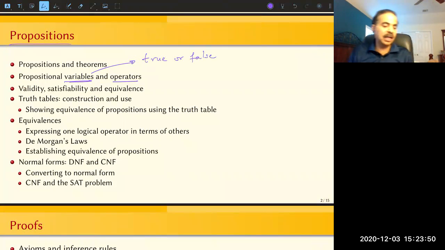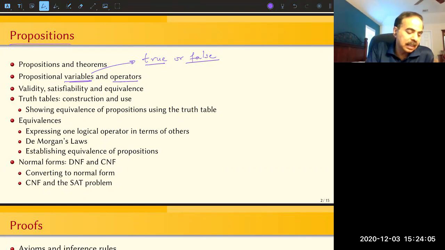And in order to evaluate a propositional formula, somebody has to tell you for each variable whether it is true or false. And then from that, you can go on and evaluate whether the whole formula is true or false.